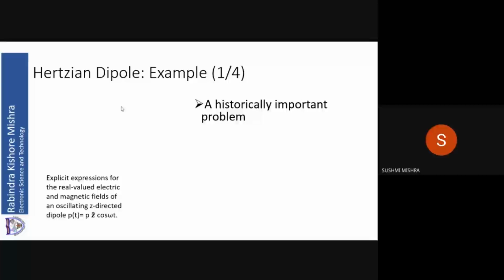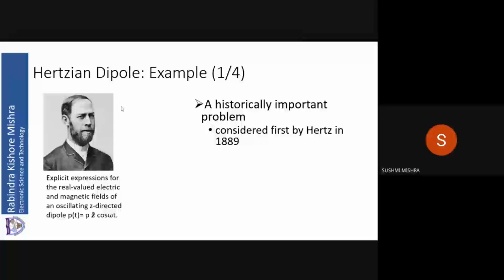Now this is a historically important problem. Why is it? What is the history behind this? The history comes from Heinrich Hertz himself. He was a scientist par excellence, as I discussed in the last class. He was very strong in experiments, and equally strong in theory.